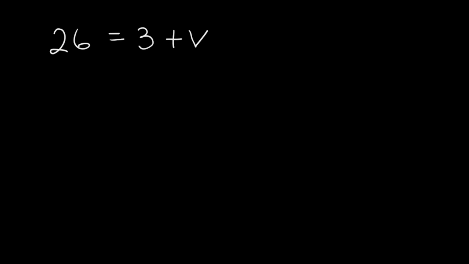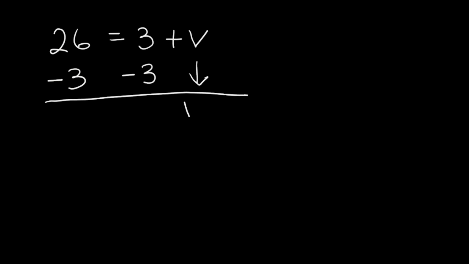Okay, now the same steps apply. To get rid of the 3 on this side so we can have v on the right by itself, we need to subtract 3. But if we subtract 3 on the right, we need to subtract 3 on the left. And so our answer becomes v is equal to 23.